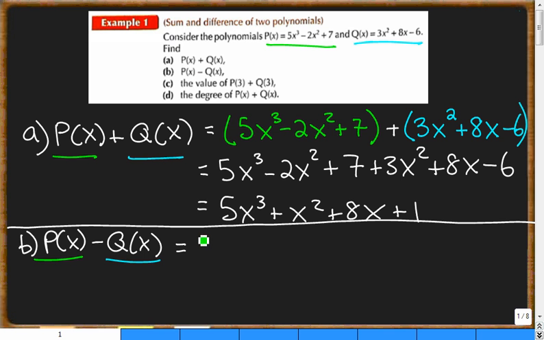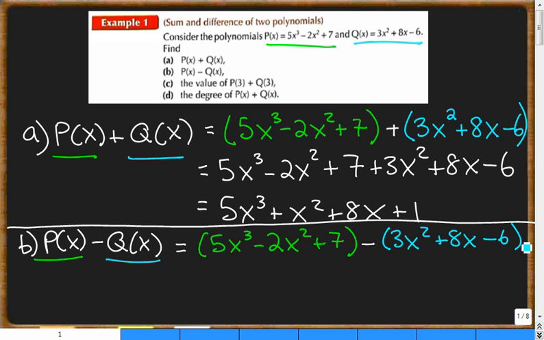So p of x, like before, we have 5x cubed minus 2x squared plus 7. But we're subtracting away the entire q of x. So not just the 3x squared, but all of q of x we're subtracting away. So that's why for this one, we want to use brackets. We almost have to, unless we distribute as we go.